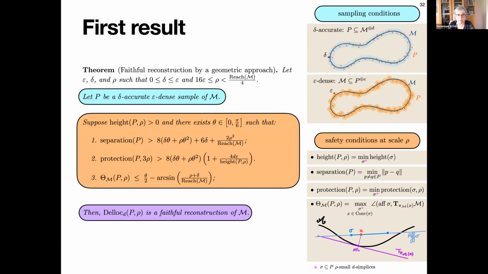Dominique? Yes, I have a quick question. So faithful reconstruction of M means that the simplicial complex is homeomorphic to M, am I correct? Yes, or homeomorphic. Okay, thank you. I have a question as well. As you explained, it's the protection hypothesis that rules out this problem of slivers.